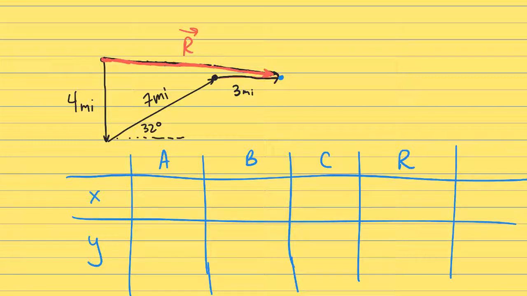So vector A, the first one here, what direction does it actually act? Straight down. What does that mean? No X component. Very good. No X component here. This first distance is 4 miles south, which means that it's only in the y direction, and we're going down.